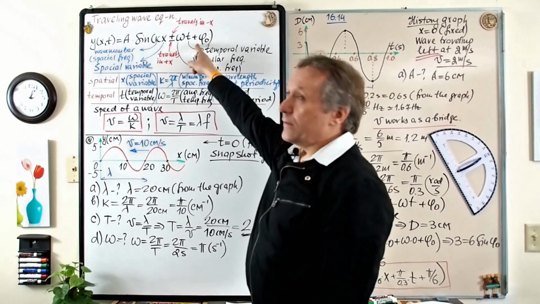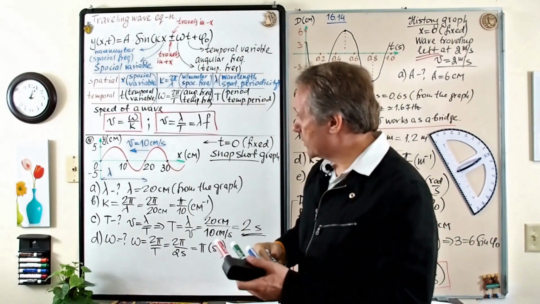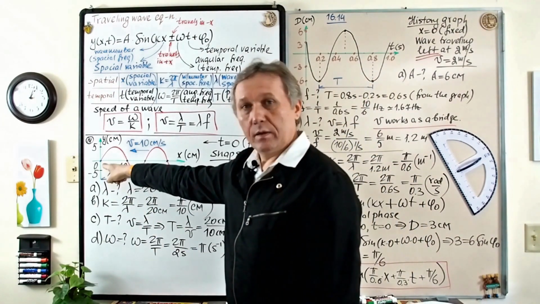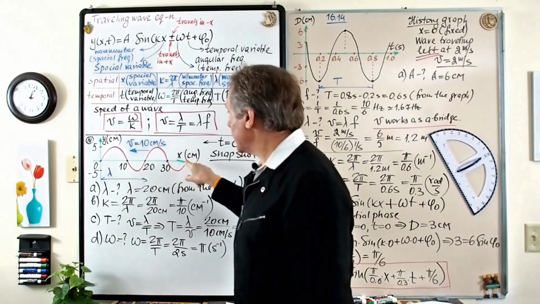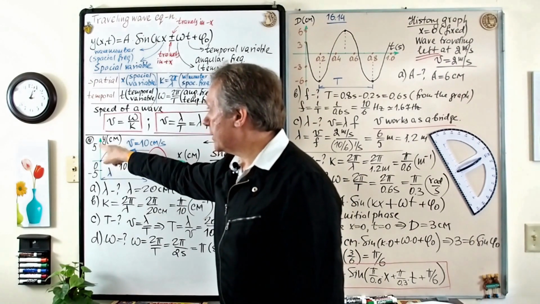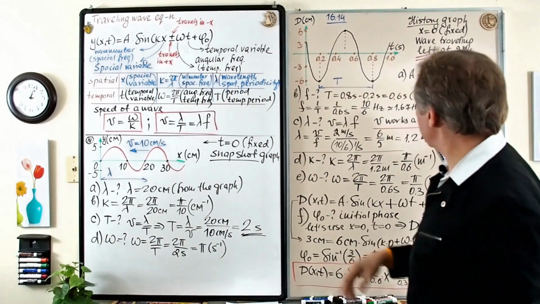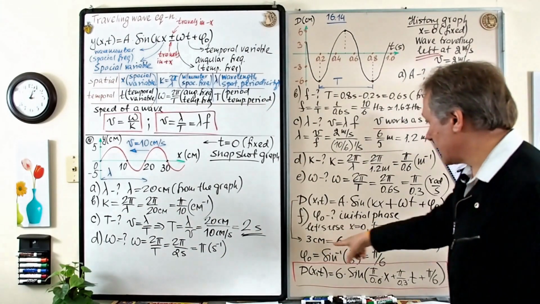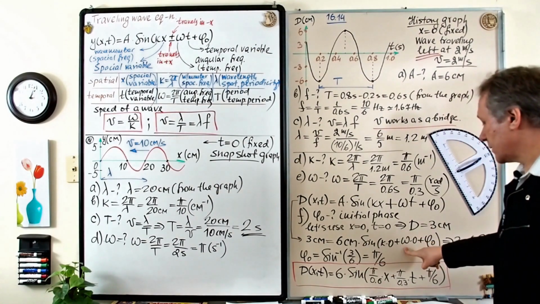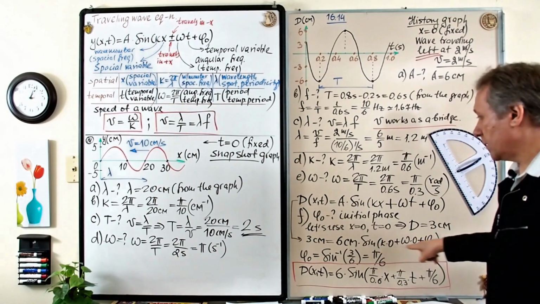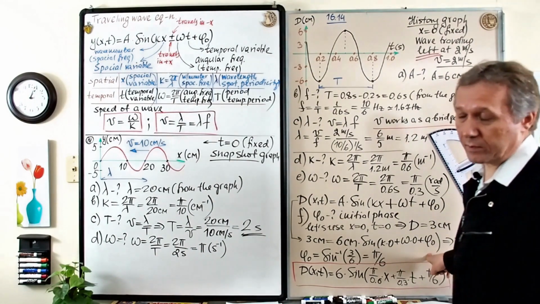What about the initial phase? Initial phase, we have a sine function over here, right? And you see, since our wave at t equals 0 and x equals 0, displacement is 0, initial phase is 0. If you don't believe me, you can do exactly the same thing, right? So we have here 0, this is 0, this is 0, and in order to make this 0, phi naught must be equal to 0.